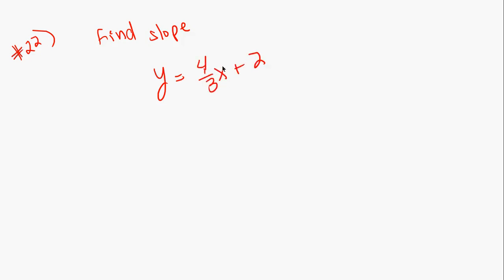So in this case, m equals 0. All right, 22. It says again, find slope. And this time they give us an equation. So we need to know, what is the slope of this equation?